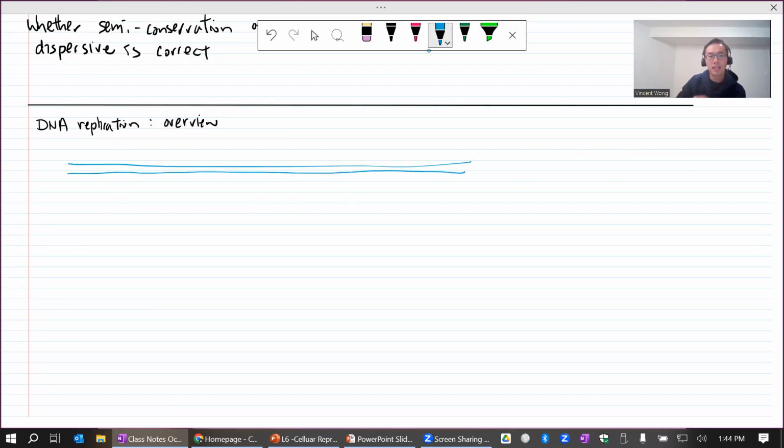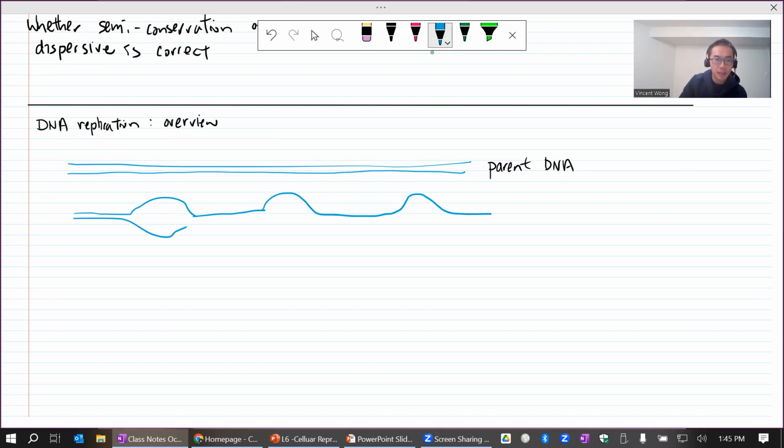And for simplicity, I'm not twisting them up like I normally do, not doing the wavy thing. I'm just going to keep them like this, simple. And that's the parent DNA. Parent DNA just means the original before you copy it. It doesn't actually mean your parents, okay? This is parent DNA, original DNA. And to copy it, in prokaryotes, they're going to make a few bubbles. They're going to open it up.